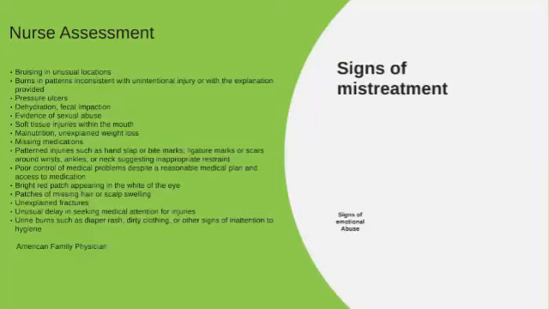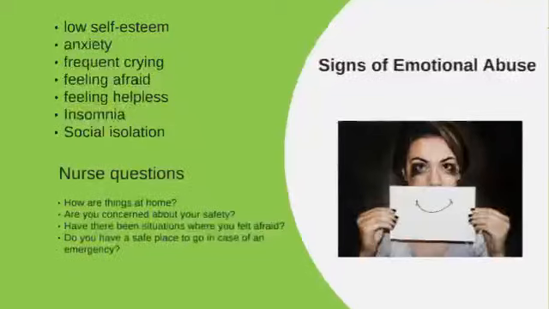Pressure ulcers, dehydration, fecal impaction, evidence of sexual abuse, soft tissue injuries within the mouth, malnutrition, missing medications, patterned injuries such as slap or bite marks, bright red patches appearing in the whites of the eye, patches of missing hair or scalp swelling, unexplained fractures, unusual delays in seeking medical attention, urine burns such as diaper rash, dirty clothing, or other signs of inattention to hygiene.